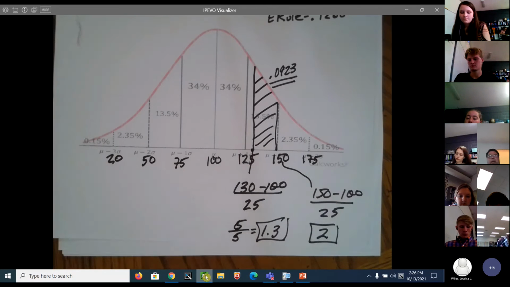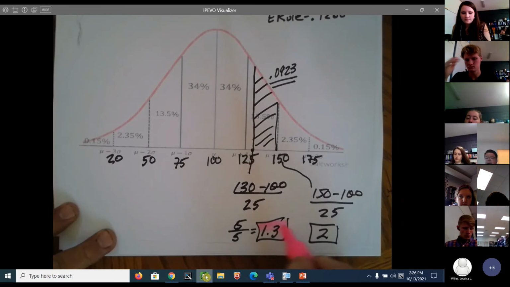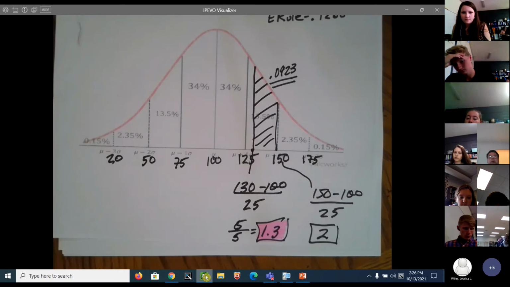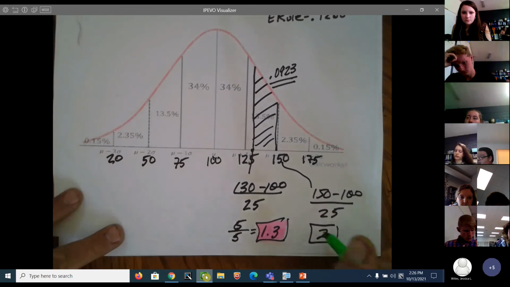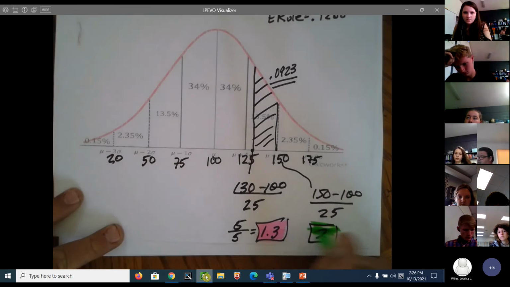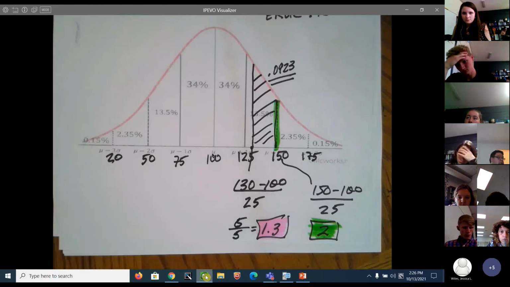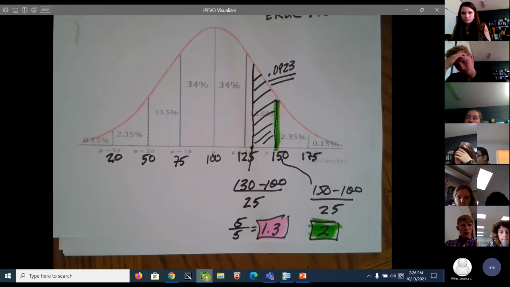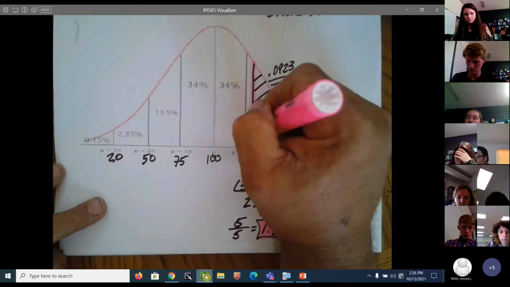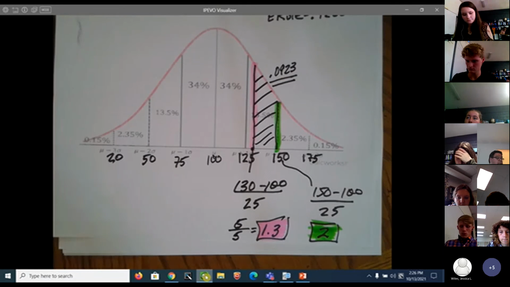Okay, so I'm going to put lower bound in pink and upper bound in green. Because this is your upper bound and this is your lower bound. Okay, so that's how you use the second vars.